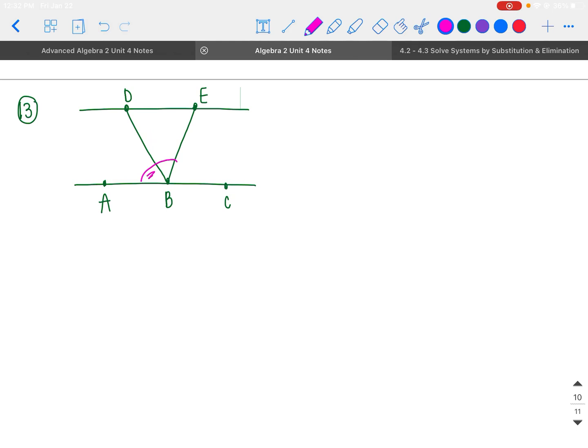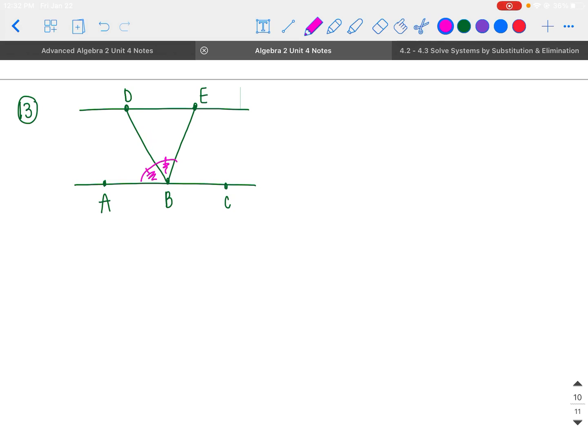So that means that this angle and this angle are the same. So just to help it make more sense in your head, let's just give them a number. Let's say it's 50 degrees. No, let's not. Let's just not give it a number because that's what it's asking. Okay. So we have 2 angles that are the same.